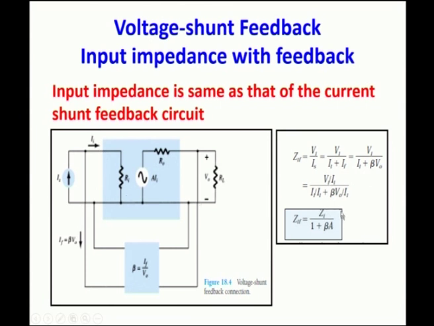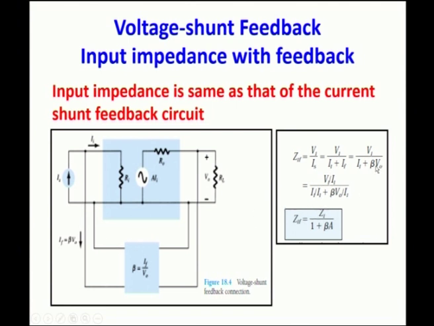Now, how is the impedance reduced? The overall input impedance Zif is given as Vi by Is, and according to Kirchhoff's current law Is can be written as Ii plus If, where If is replaced by beta V naught.